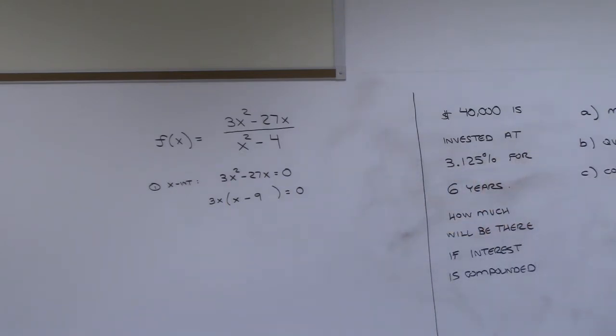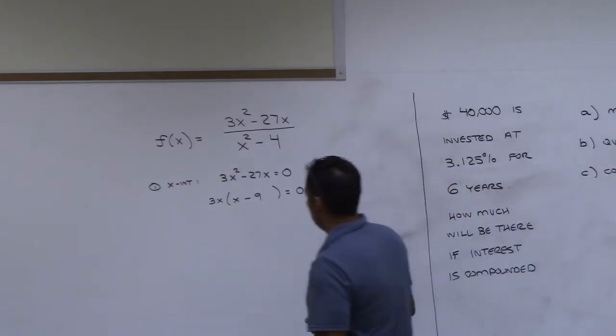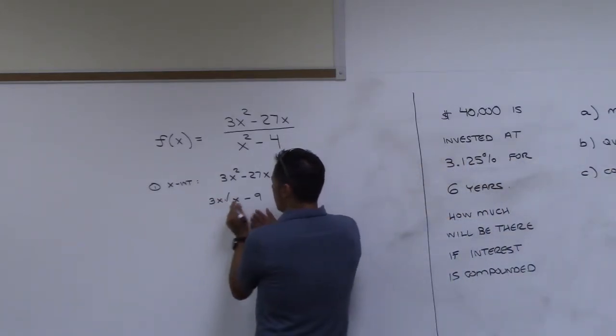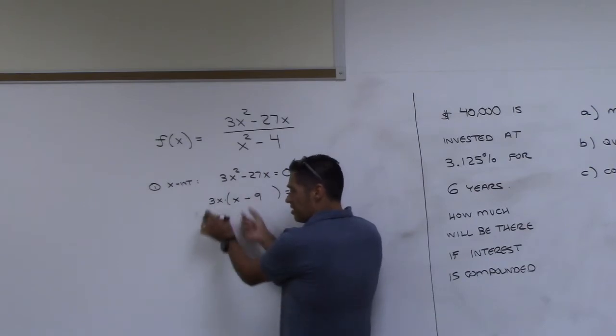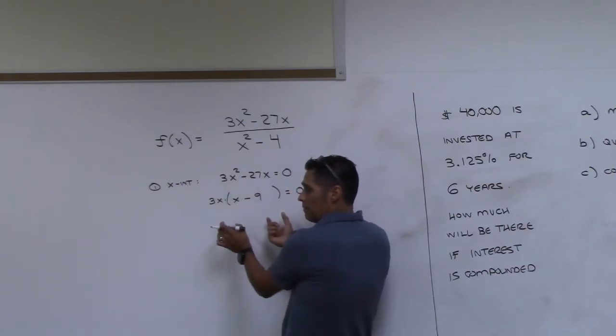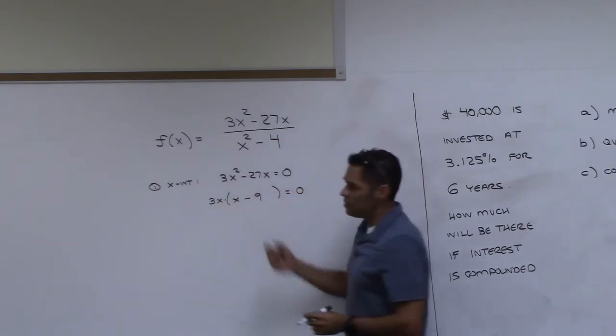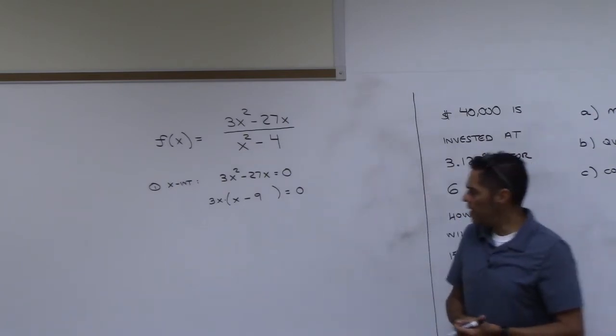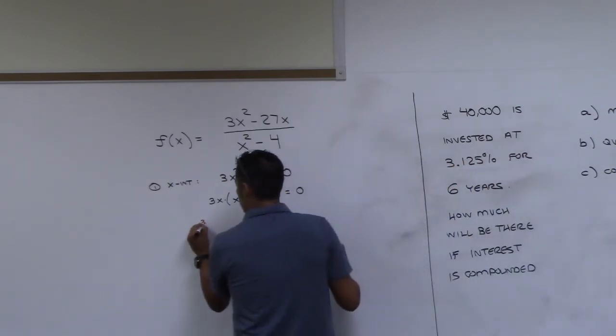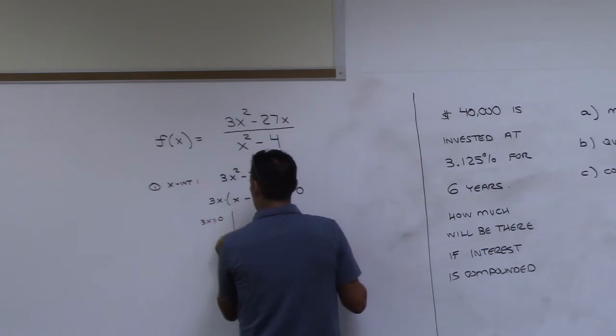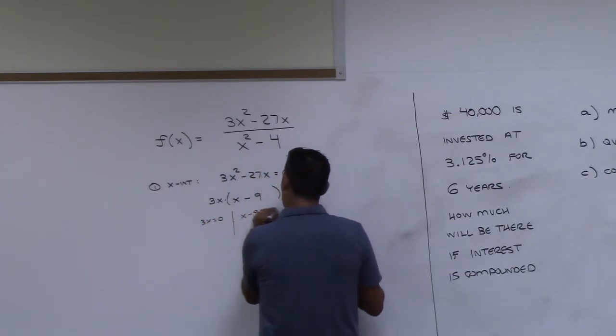Now, the whole idea of factoring is to get these broken up so that you can set them equal to 0, right? So you're going to set each of those equal to 0. 3x gets set equal to 0, and the other one, x minus 9 equals 0.